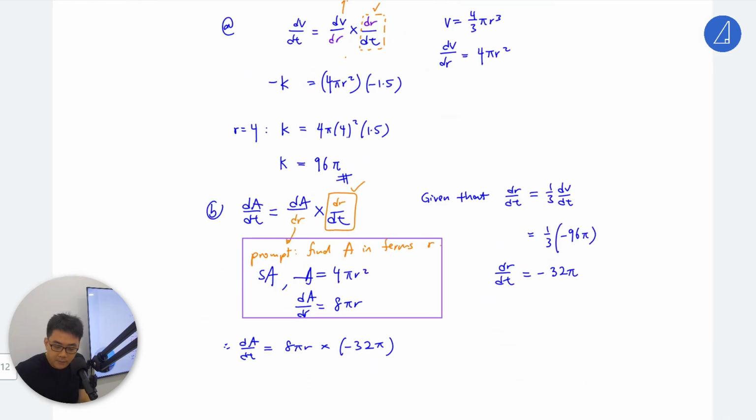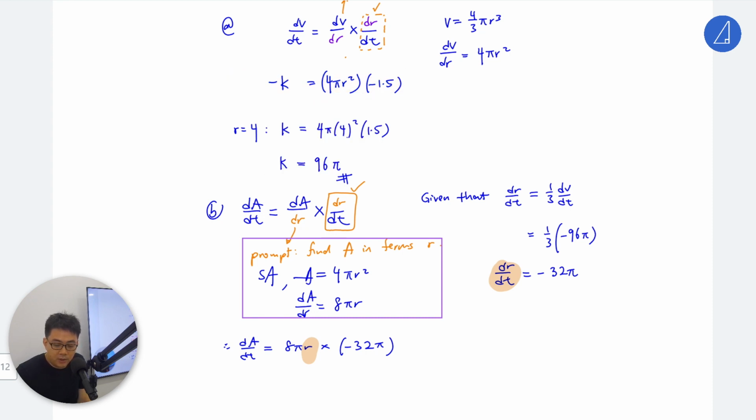We need to find the r here. Take note. We don't have the r, because we can't find dA/dt if we don't have it. So what we need to do is use this equation here to find the r.